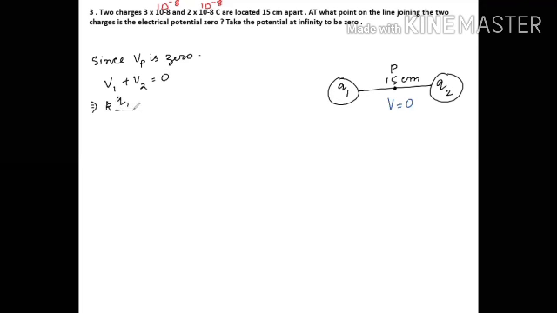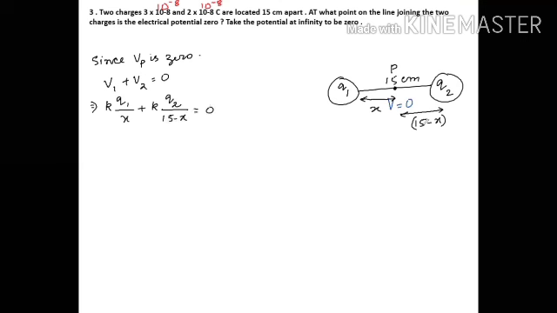K Q1 by X, where we assume the distance from Q1 is X, and the distance from Q2 is 15 minus X. And V2 is K Q2 by 15 minus X, equal to 0.